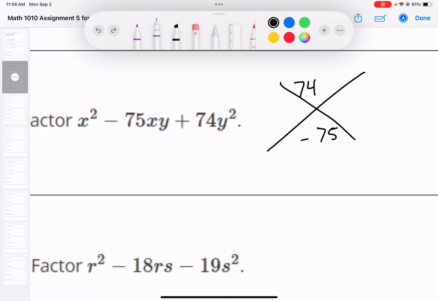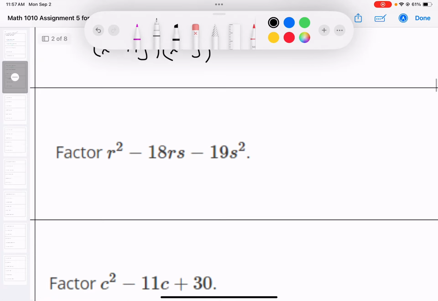So right here is actually going to be negative 74. Goodness. And a negative 1. And so what I'm doing is I've got x minus 74 and then y, because that's my other one. And then I've got x minus y on my last one.